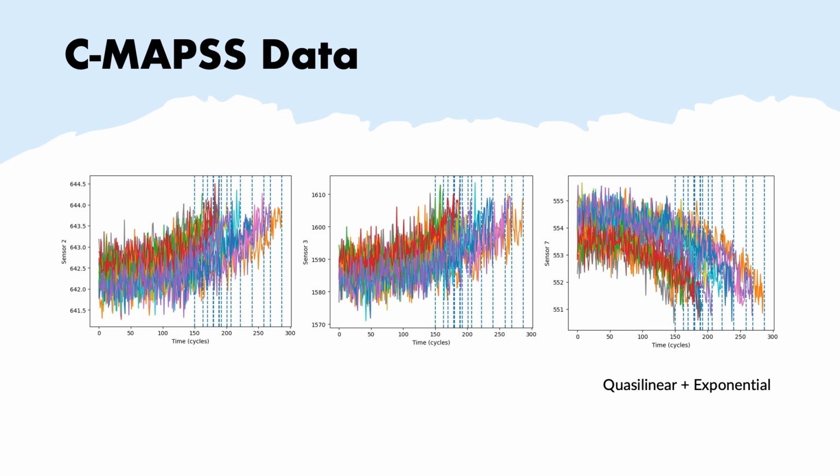In the data, we can see the trajectories of different engines for different sensors. As you can see here, each colored trajectory is an engine, and they have different endpoints, different end of life. And the goal is to try to predict at a certain moment how long it lasts until failure. That's the entire challenge.